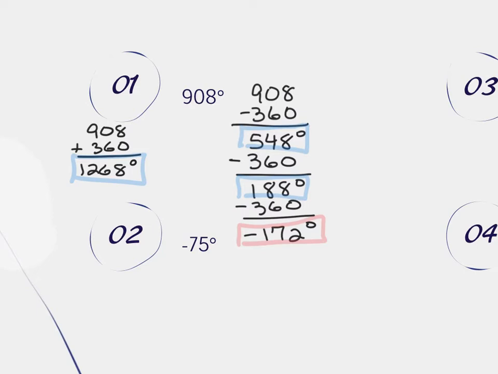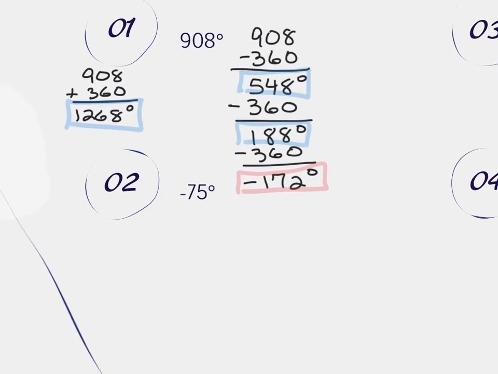We're going to do negative 75, the one right below it. So again, to get the negative coterminal angle, I could take negative 75 and subtract 360. And I end up with negative 435 degrees. So there's my negative coterminal.